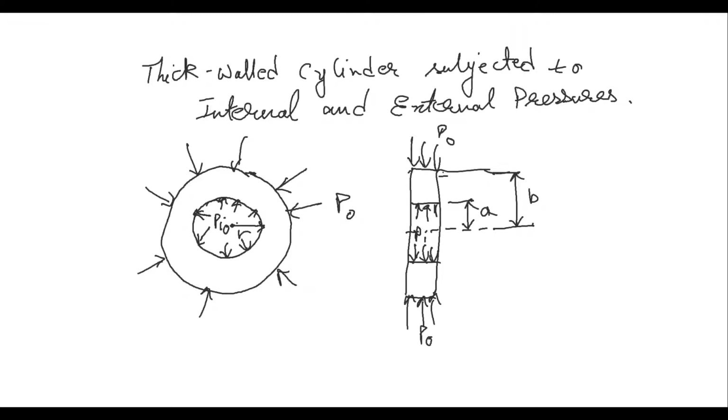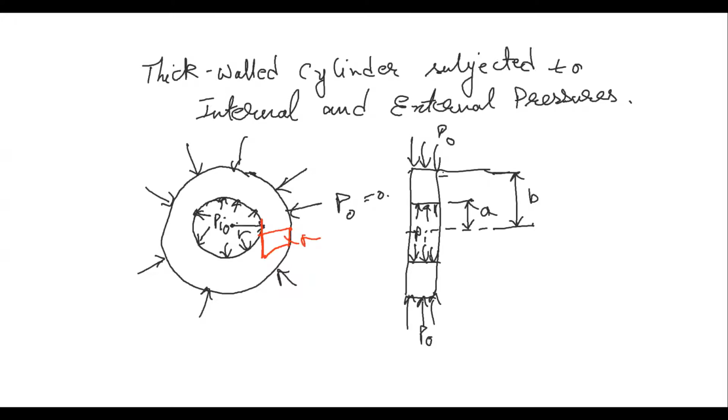So P naught equals 0, and the stress at this extreme fiber will be 0, and there will be some stress internally at this fiber, at this junction, and slowly it will reduce down and come like this.